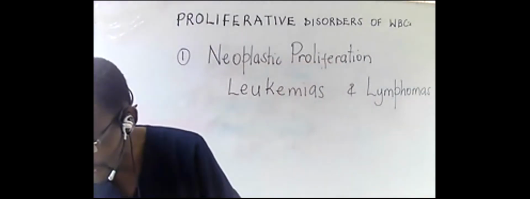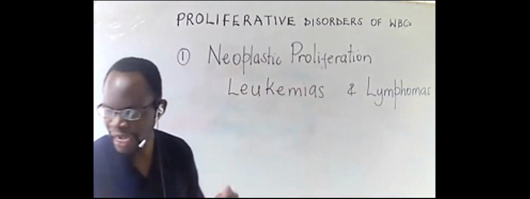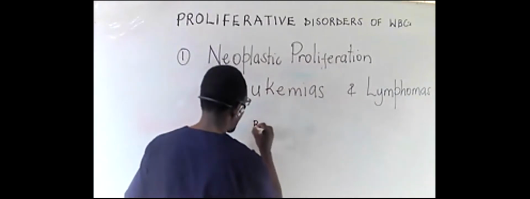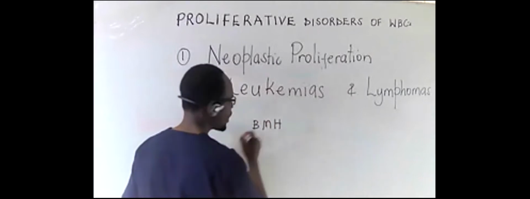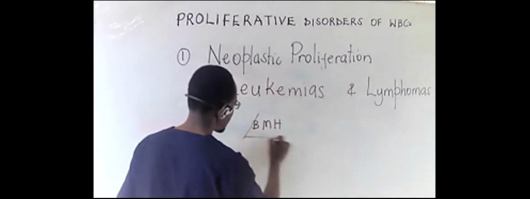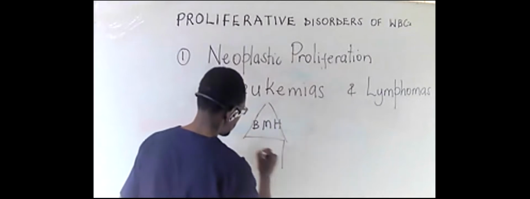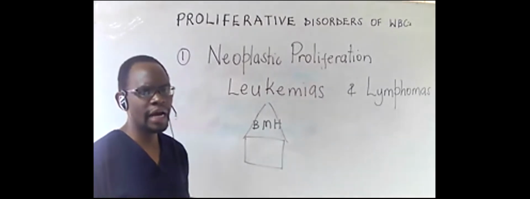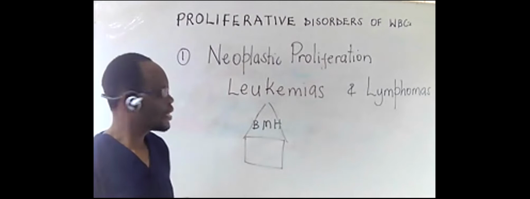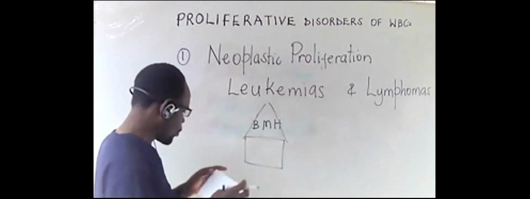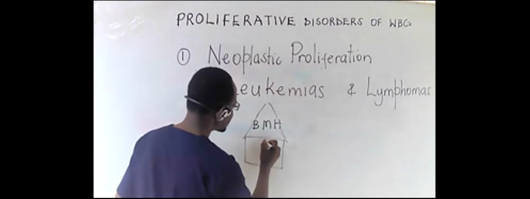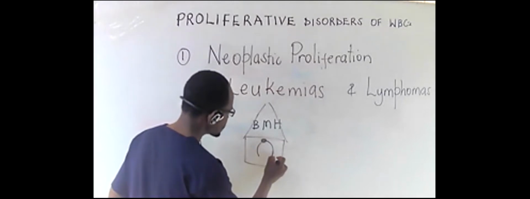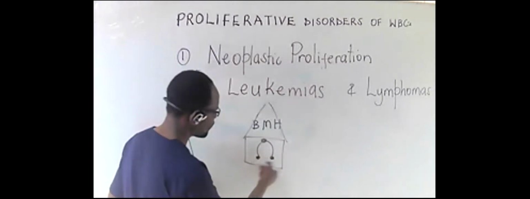If I can demonstrate something here, if this is the bone marrow house, where blood is coming from, the special feature with leukemia is that you have a stem cell, which basically divides, or which produces the lymphoid and the myeloid cells.